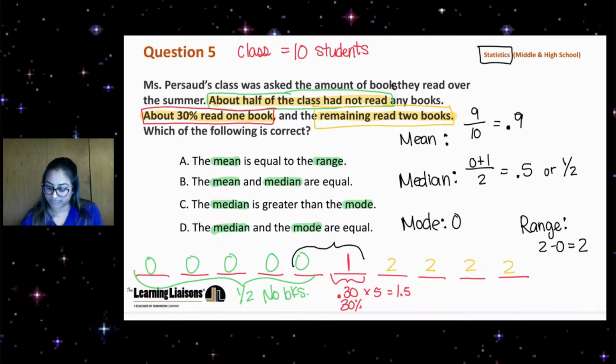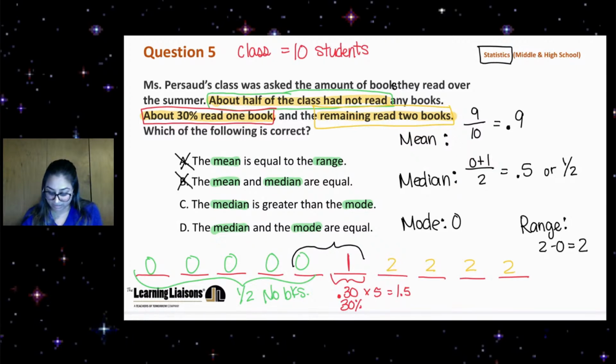All right, well, now that I have my numbers, let's work through the answer choices. The mean is equal to the range. Well, the mean is 0.9 and the range is 2. The mean and median are equal. Well, the mean is 0.9 and the median is 0.5.